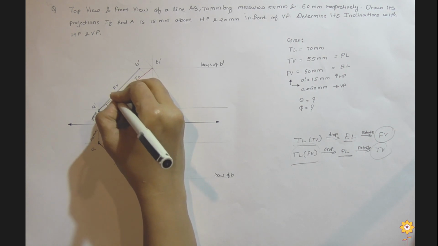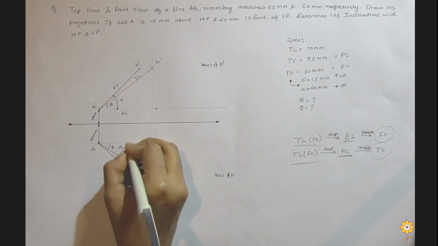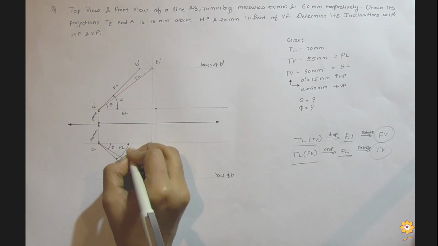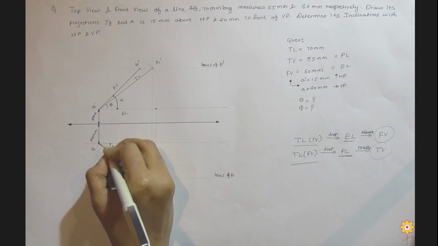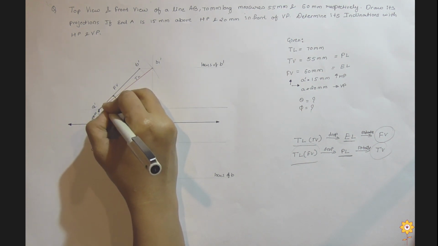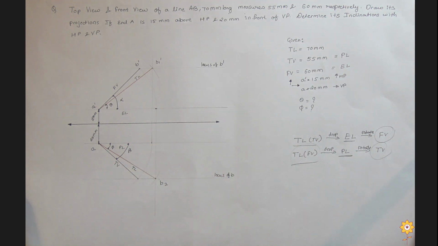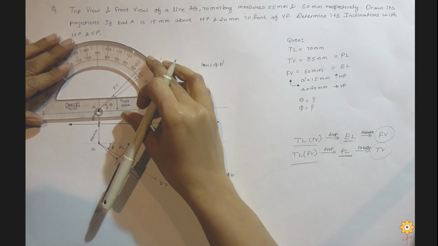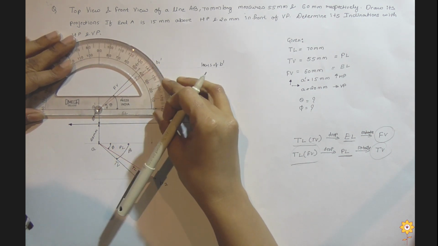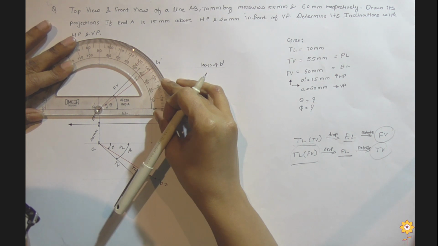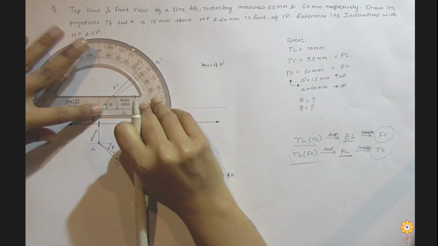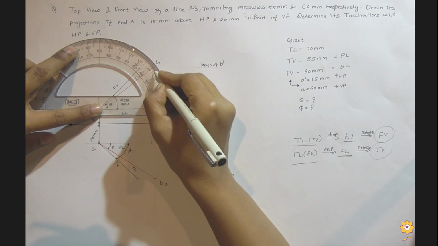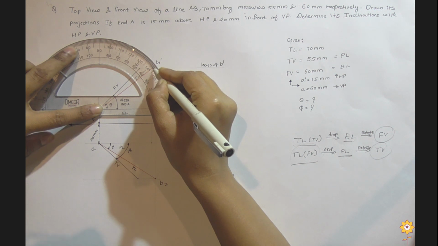And this angle is called alpha and this angle is beta. Whichever angle we have to find according to the question, we have to measure that and write it. So now I'll measure this. Our theta here, if you see, is 35, 36 and 37.